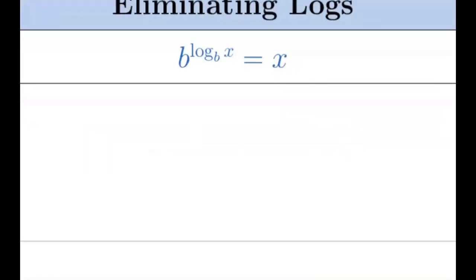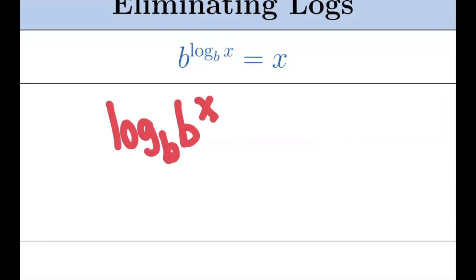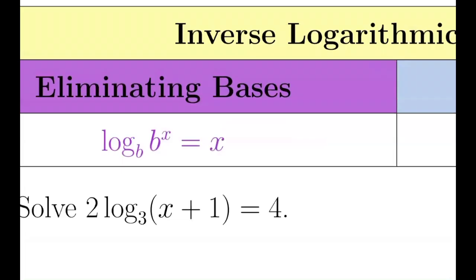If you have b to the power of x and you want to get rid of the base b, you take log base b of b to the power of x. The log base b and the base b will cancel out and you'll just get x. So that's what's happening right here.